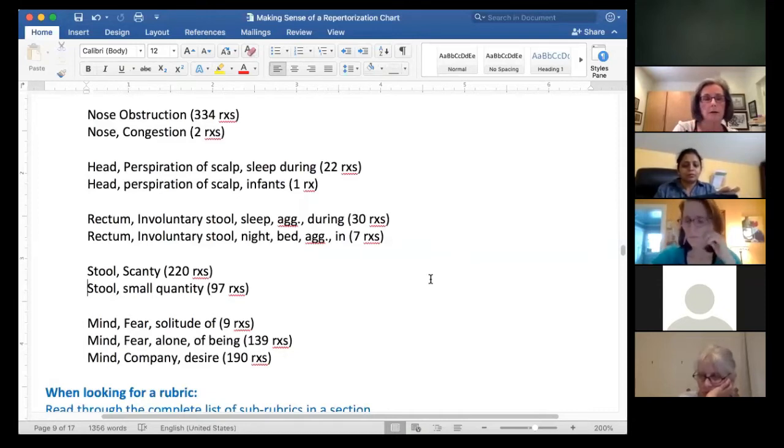So here, this stool scanty one I think is interesting, because stool small quantity has quite a few remedies, but stool scanty has 220, which obviously is a much bigger rubric. So something to keep in mind. And a lot of times when you do your repertorization exercises, I'll put you on a rubric that you've picked.